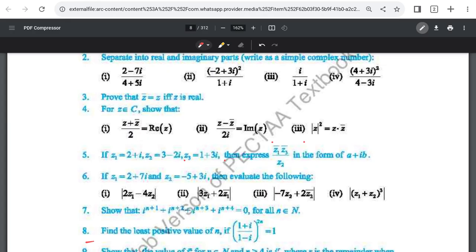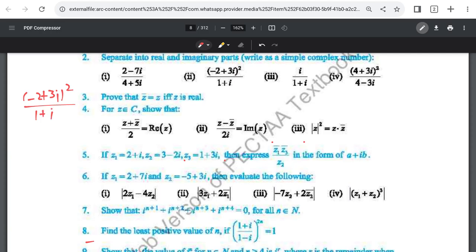So now we write it down here, minus 2 plus 3 iota square over 1 plus iota.